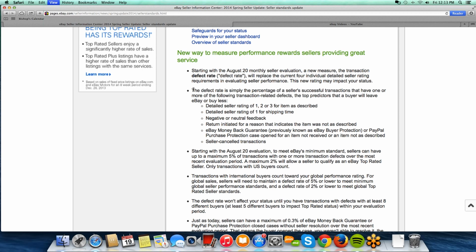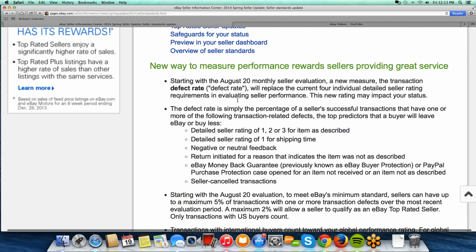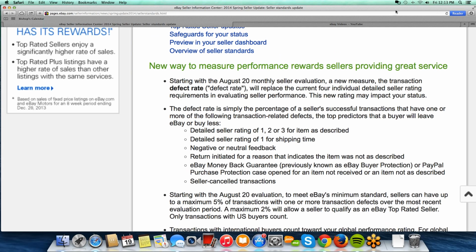Okay, so what they're saying is if a buyer finds your item and sends you money through PayPal, that's a transaction, okay? So anytime somebody pays you for a product, if one of these things happens, it's going to count as a defect. Let me zoom in so you guys can see this just a little bit better.